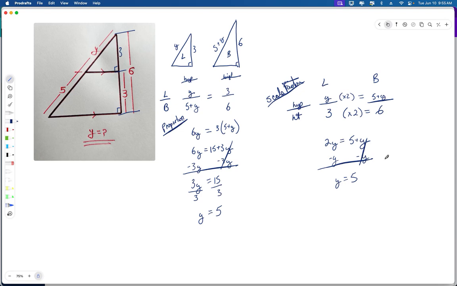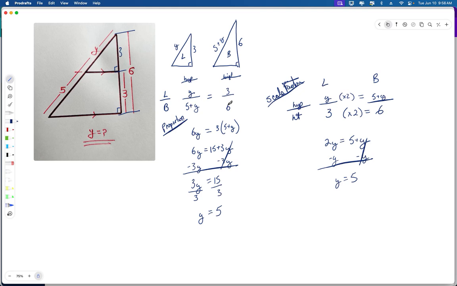So it's really about knowing which method works best given the values that you are given. So look at your side lengths and determine, can I easily get from here to here using just a factor? And if so, scale factor is the one you need to use. However, if this had been a 5 or if this had been an 8, then proportion might be a better option for you.